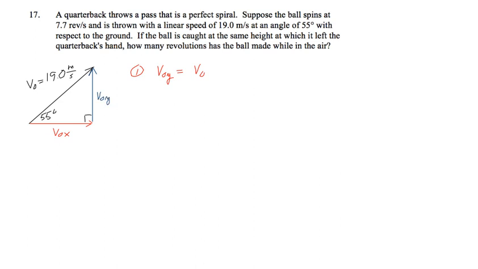And I'm going to rewrite this because if I'm doing my facts in blue, I want to be consistent. So VOY is going to be VO times the sine of the angle. So that's going to be 19 meters per second times the sine of 55 degrees.